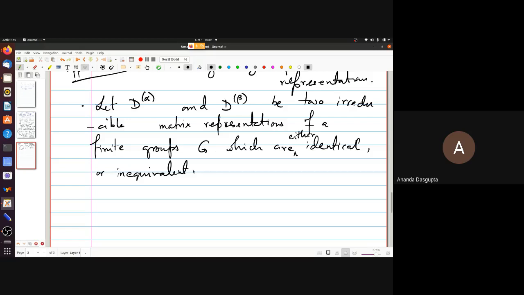Okay. So if two representations are equivalent, we are not going to talk about them right now. All we are saying is I have two representations. They could be the same representation, that is D alpha and D beta may be exactly the same. If not, they are inequivalent by the supposition right now. Okay.